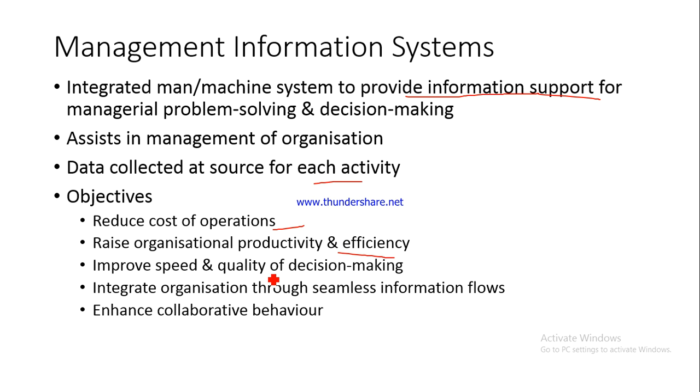So this would increase the seamless integration of the various departments in the organization, and this would lead to more collaborative behavior. So the various departments would collaborate with each other. This is one more advantage of having a management information system. So collaborative behavior would be increased, right?